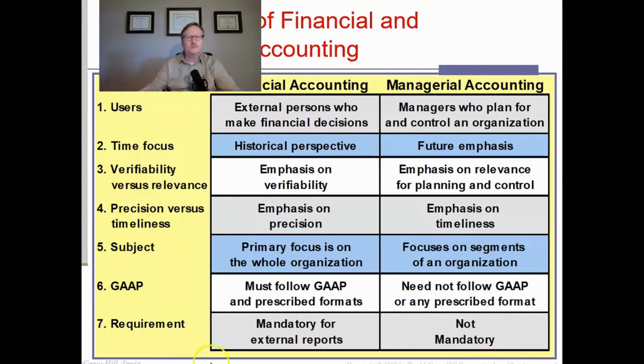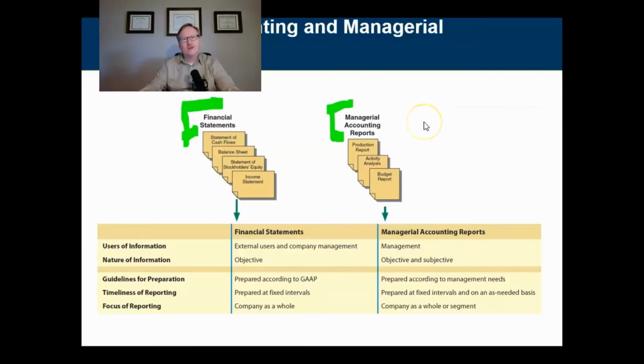Okay, so I'm going to go to another slide here and we'll look at some other things. So now in this text, they give you a little bit of an idea. Financial statements, of course, are the four main financial statements that you learned about in financial accounting. And really the goal of the whole class of financial accounting is preparing these financial statements in a proper, generally accepted accounting procedure, GAAP methods.